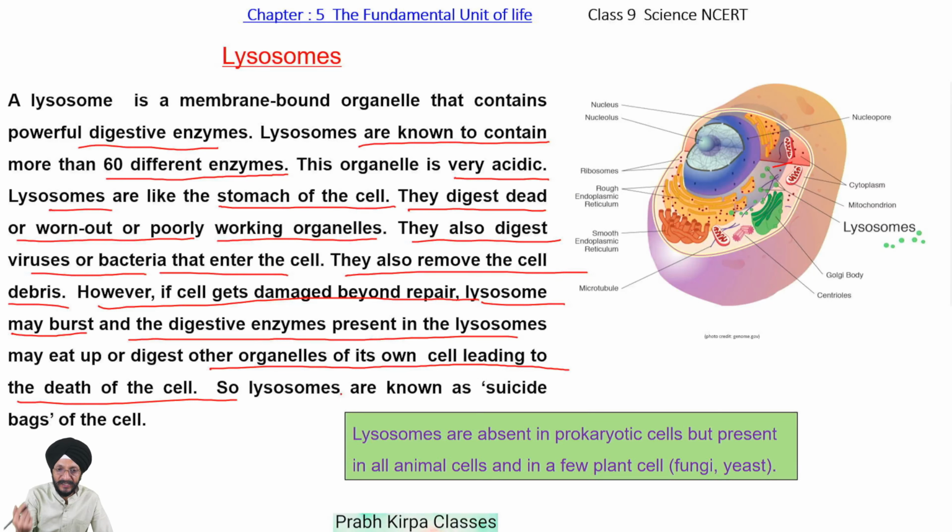Golgi apparatus. What is the function of this Golgi body? It performs the function of modification, packaging, and transport of proteins and lipids, which are sent to different parts of the cell and outside the cell. Another important question which may come in the exam, what will happen if there is no Golgi apparatus in the cell?